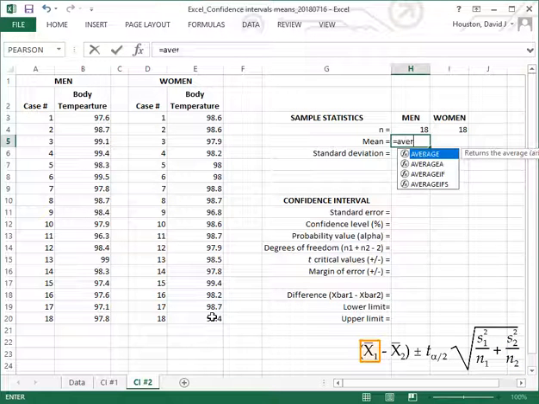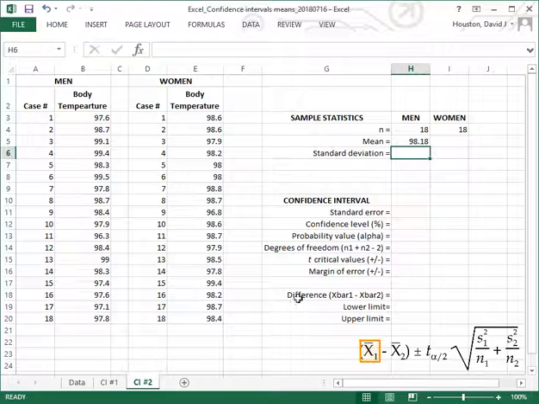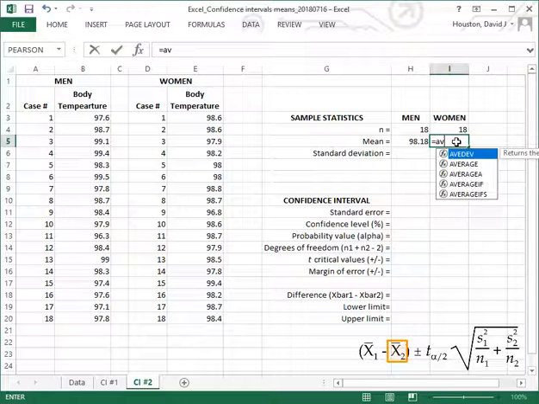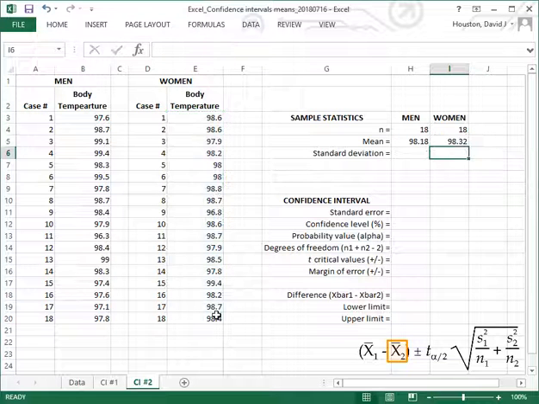Now let's find the average for both groups. Using the average function, we see the mean is 98.18 degrees Fahrenheit for men, and the average body temperature for women in this study is 98.32 degrees Fahrenheit, so slightly warmer temperatures on average for women than for men.